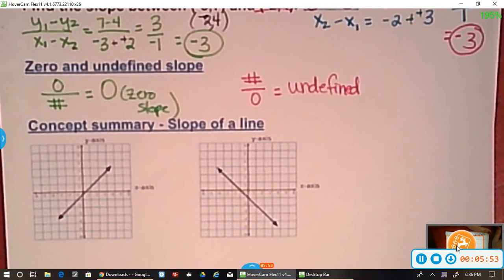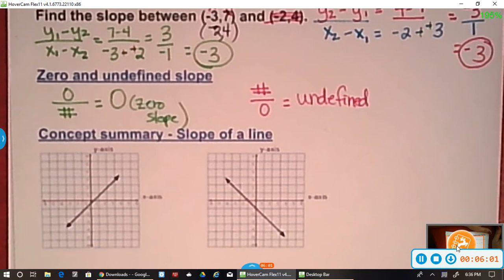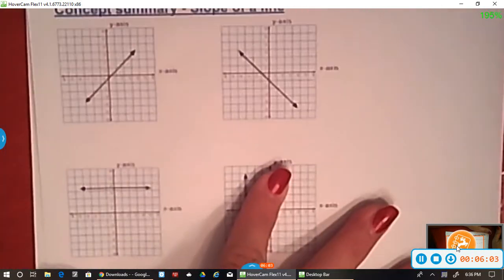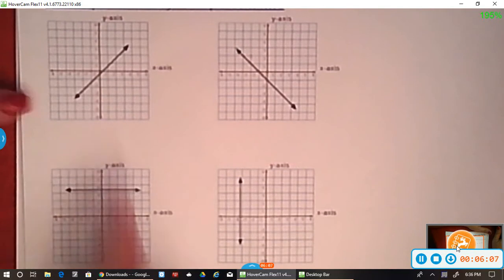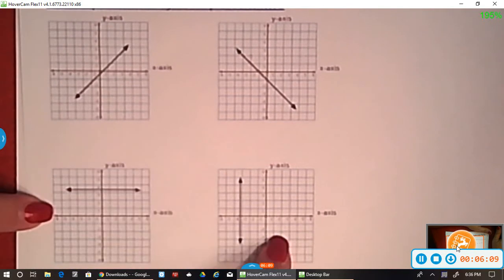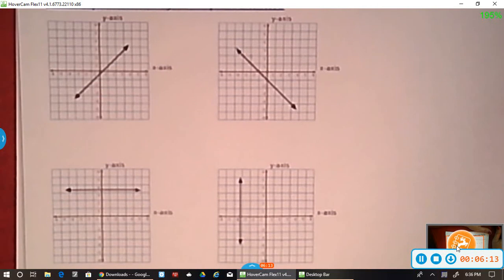So now we'll talk a little bit more about these two when we get to the pictures at the bottom of this page. Okay. So I've got 4 graphs down here at the bottom. I don't know if I can get them all on here at once. Yep, there we go. Okay. So here we're not going to go through the steps of actually finding the slope for these, but I want to talk about what kind of slope they have.